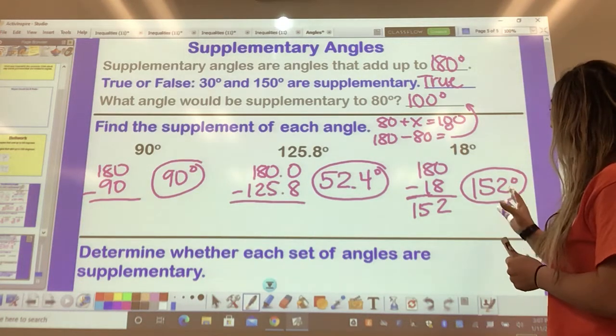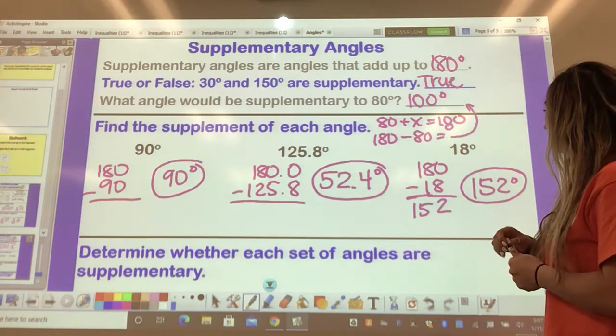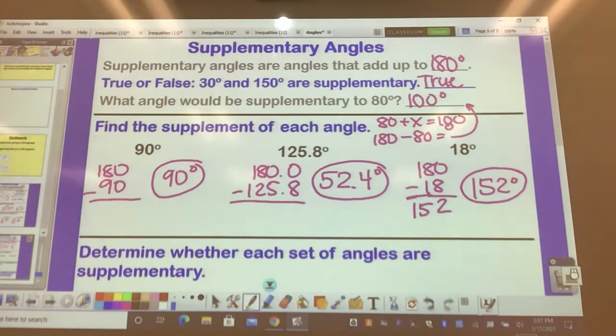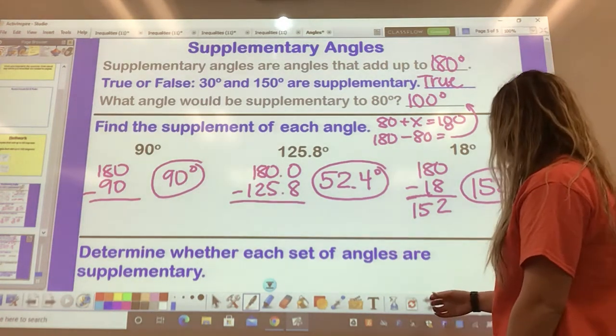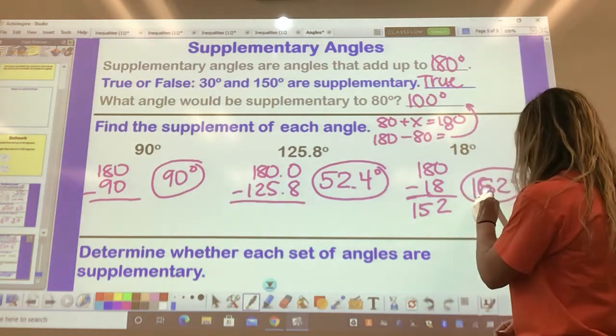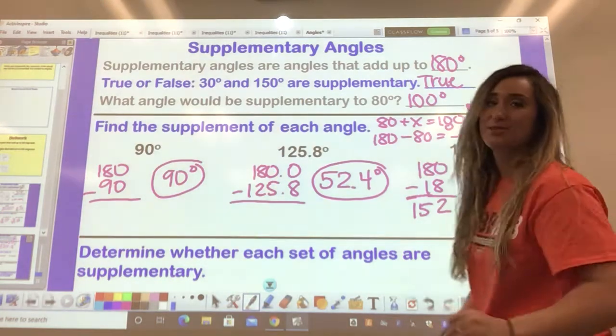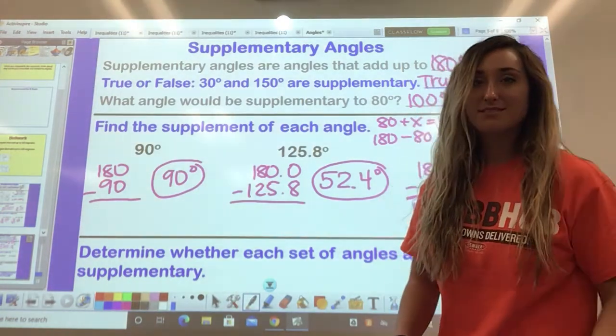Because again, when you add those together, you get 180. No, I was right to begin with. It was 162. I obviously can't do math in my head, but I'm your math teacher.